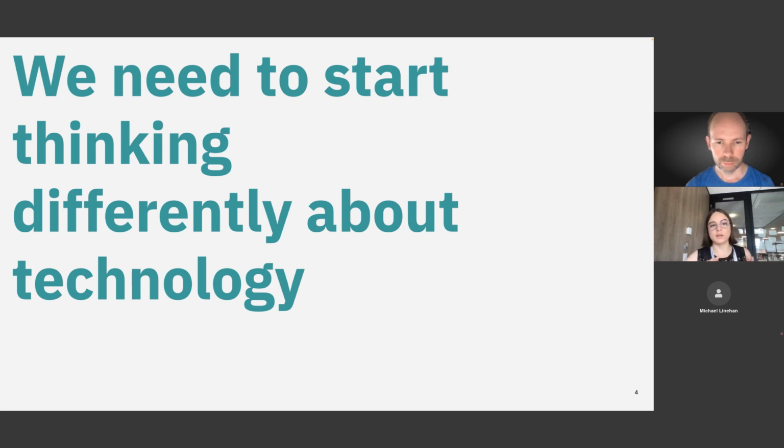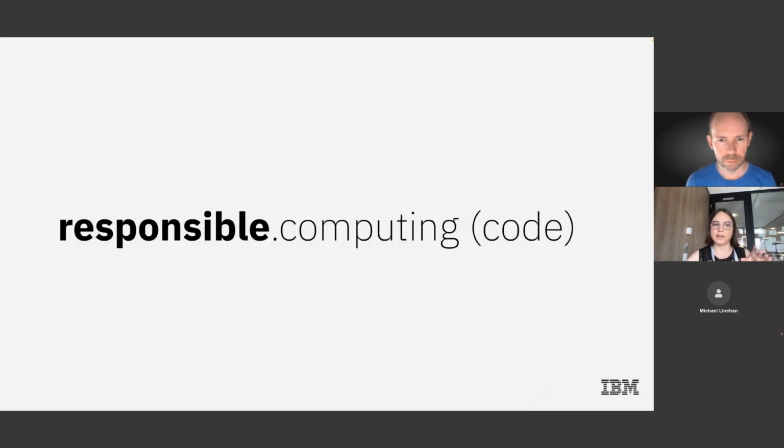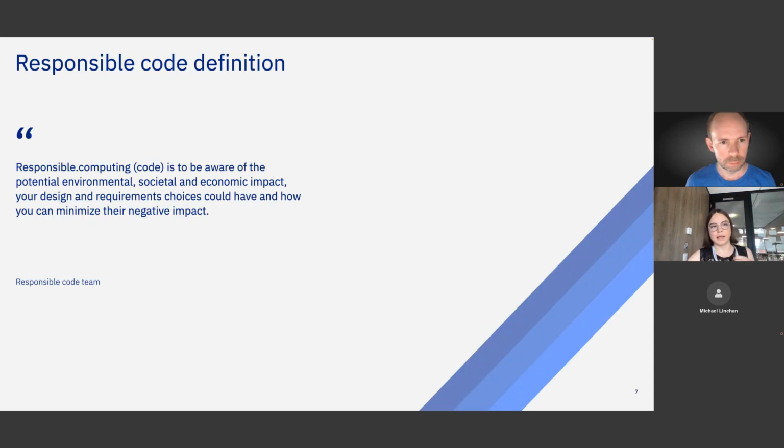So we need to start thinking differently about technology and the way we use it. For that, as Michael introduced, we made a team that worked more specifically on the responsible code aspect and how we can think differently about code. We settled on a definition because responsible code might be a bit vague when we start thinking about it initially.